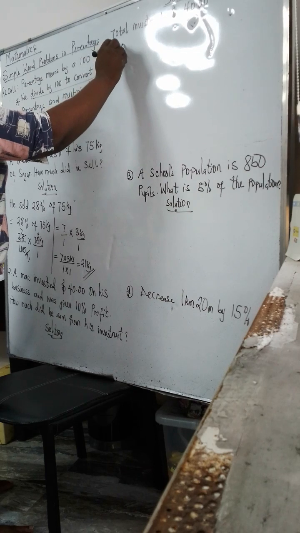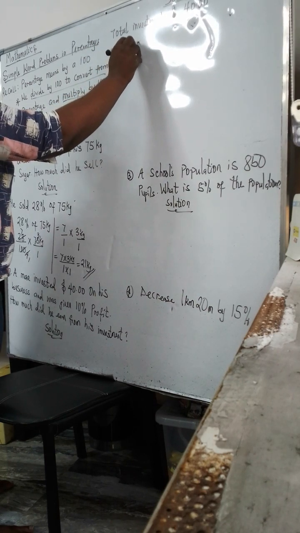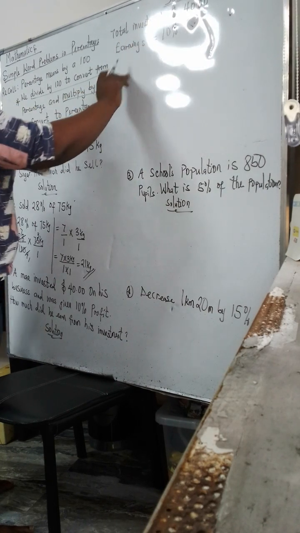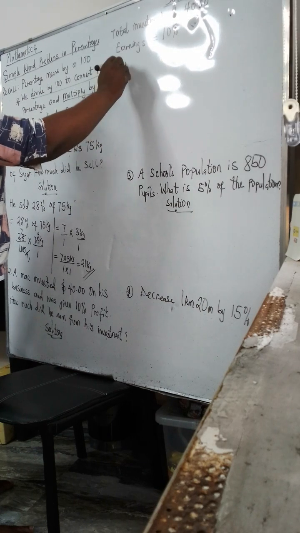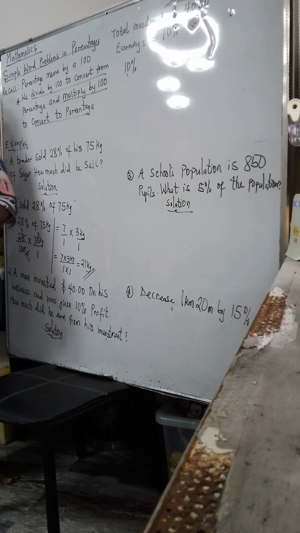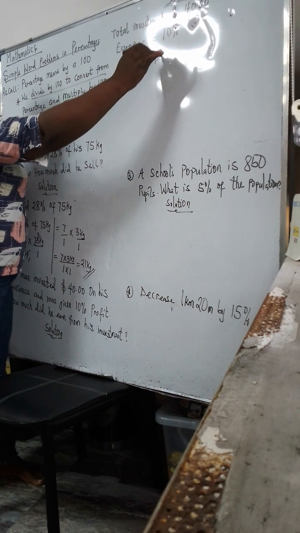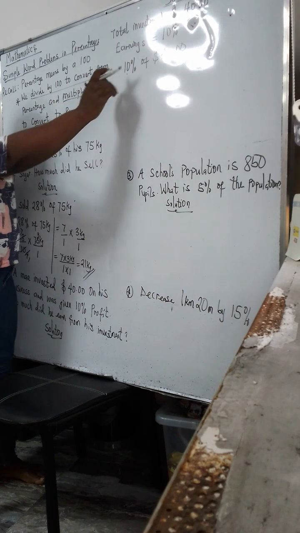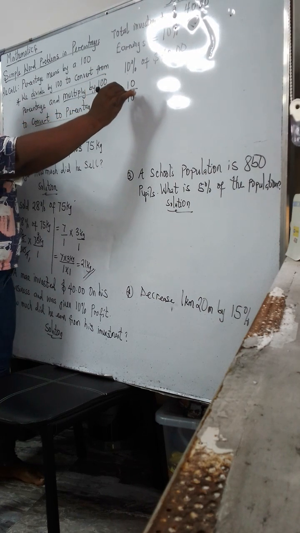Earnings, so we have 10% of that. So this becomes 10 over 100.